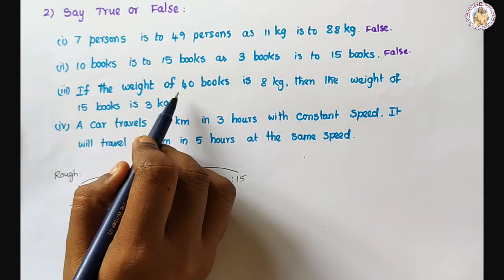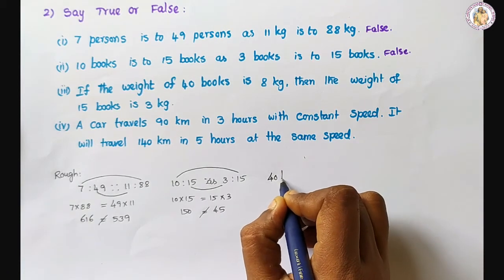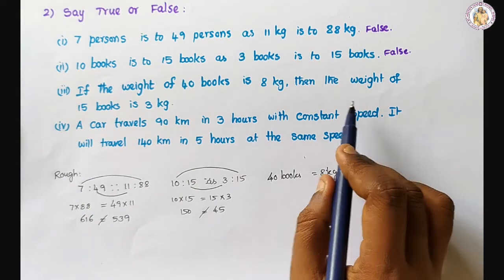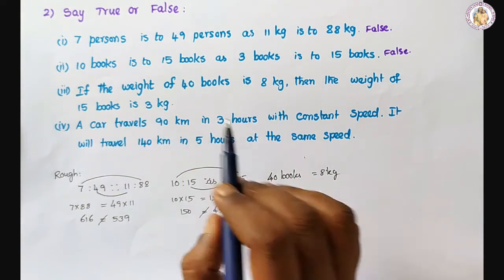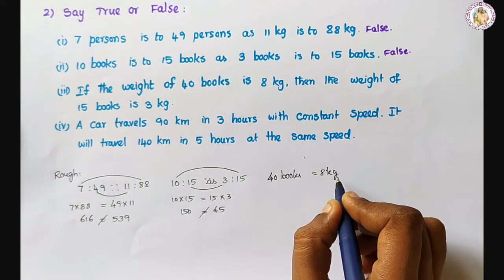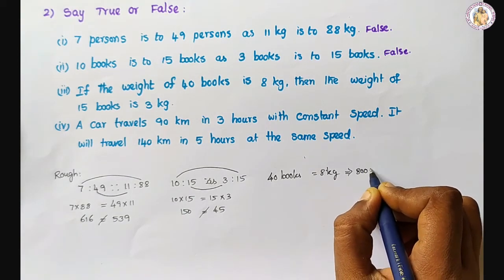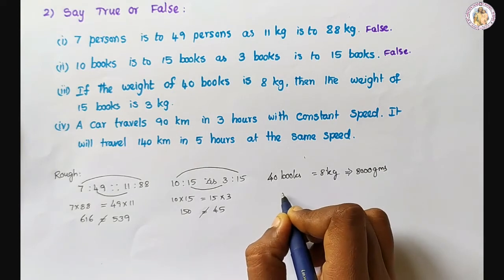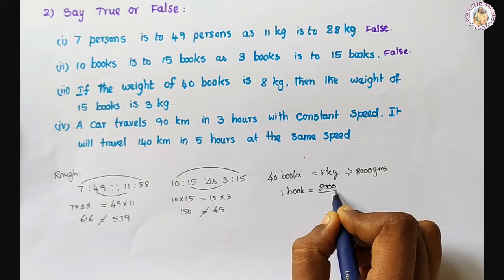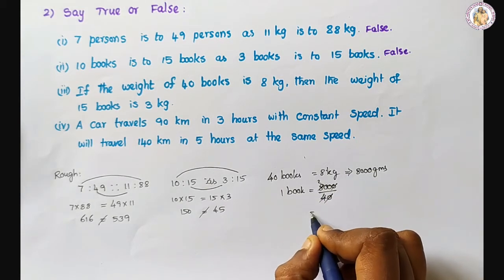Next, if the weight of 40 books is 8 kilogram, then the weight of 15 books is 3 kilogram. Listen, 40 books equals 8 kilogram. 8 kilogram means 8000 grams. So one book equals 8000 divided by 40, that is 200 grams.